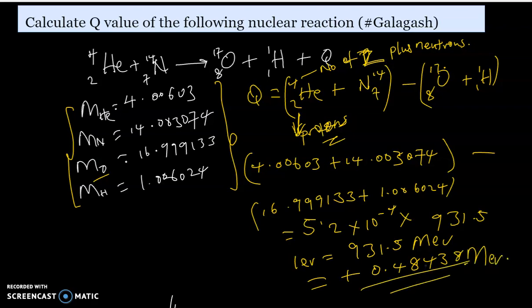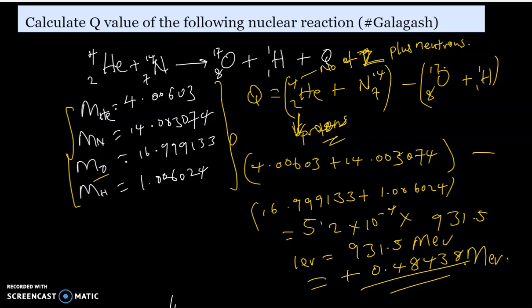And this is our Q value. Now the solution here is positive, so a reaction of this kind is called exothermic. When it is positive, it tells you what kind of reaction is likely to happen. So this is how you calculate the Q value of a nuclear reaction.